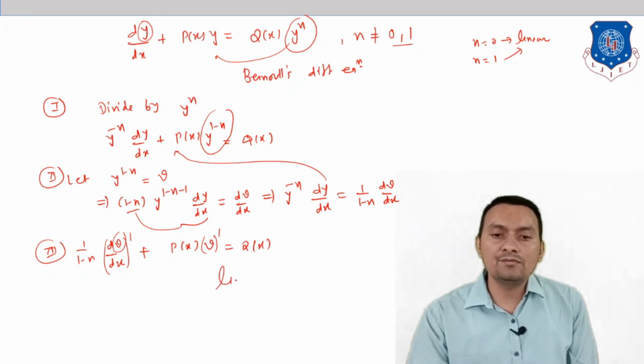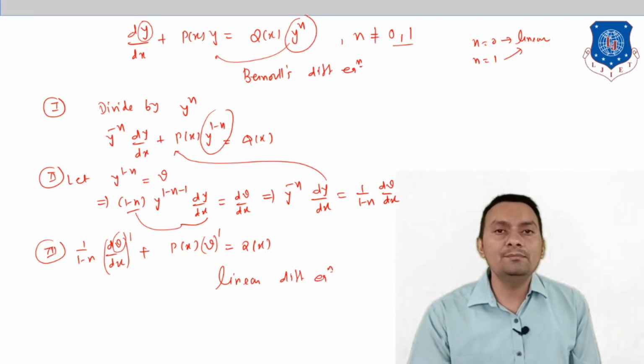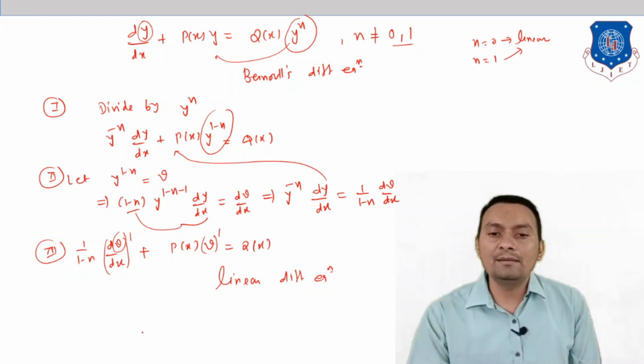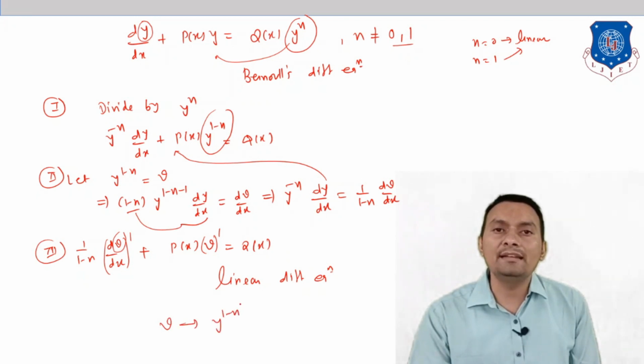So this is exactly a linear differential equation. Now we can simply solve using the linear differential equation method, and finally we replace v by y raised to 1 minus n, and that will be the final answer.